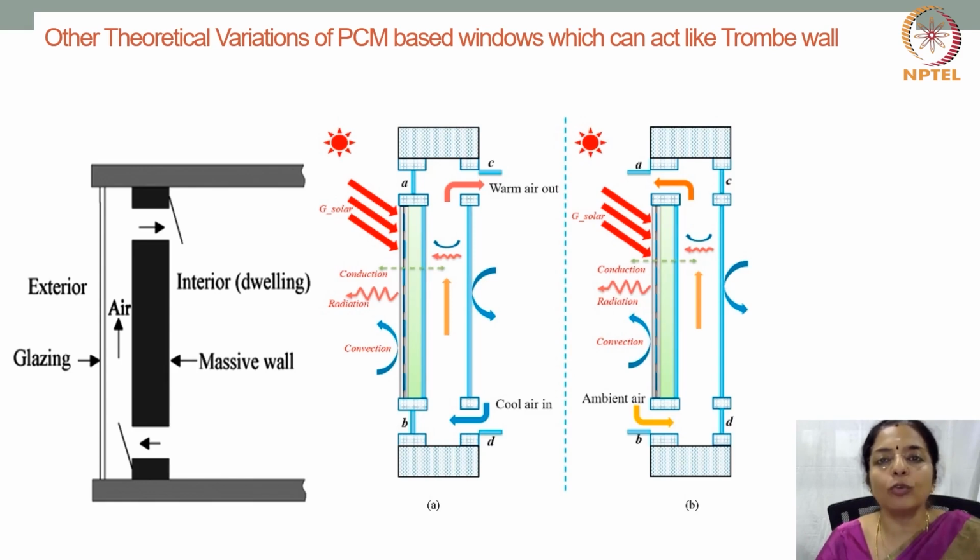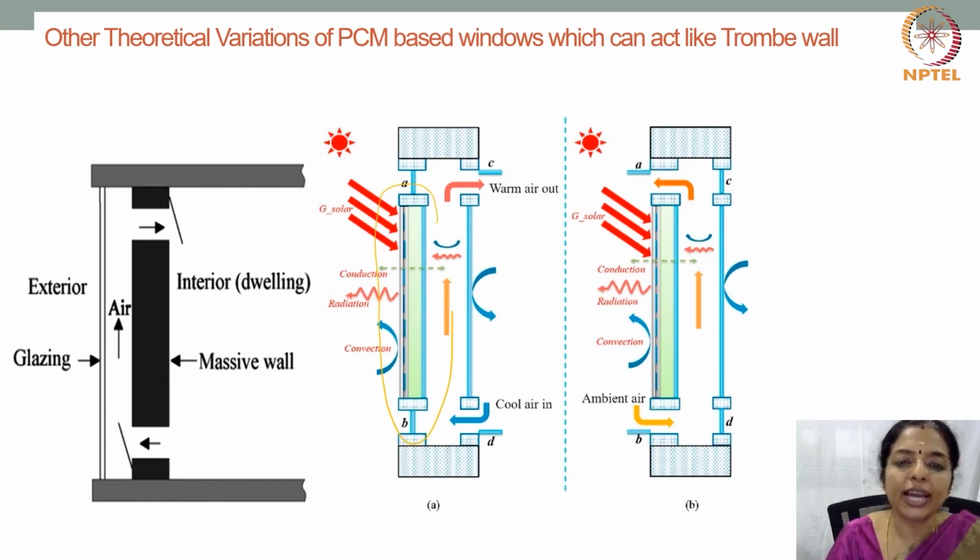Irrespective of the volume of research reported in the literature, there are still gaps, technical and thermal problems, and the future trends and studies of the trombe wall should be addressed by incorporating phase change materials. So here you have a system which can independently work like a PCM encapsulated window, this one.